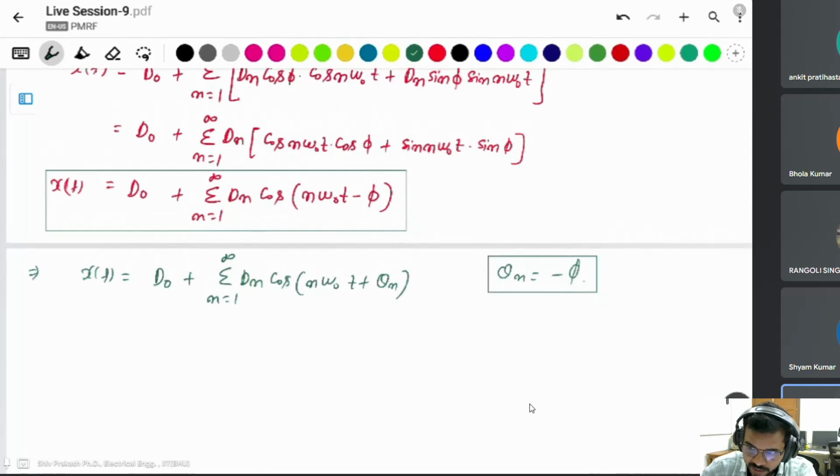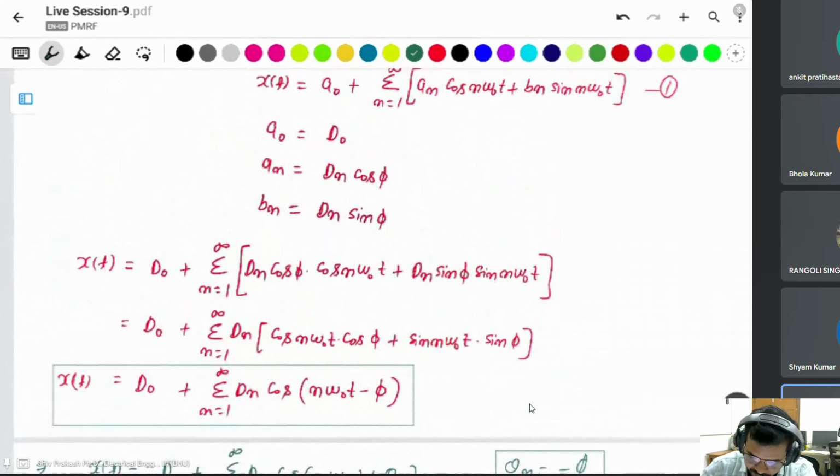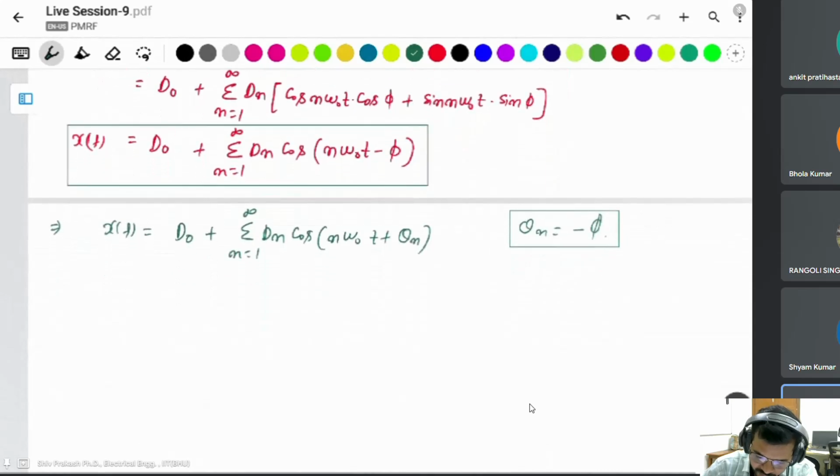You can calculate an and bn, and after that calculate dn also from this. Let's check how you can calculate dn and phi.